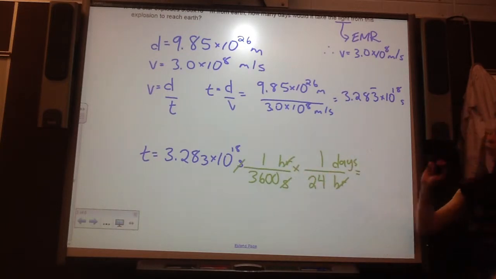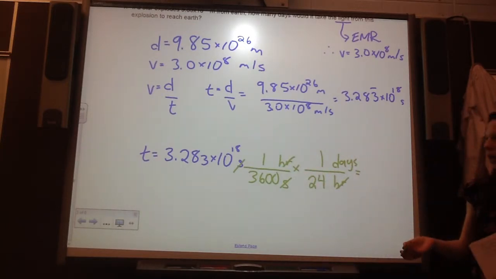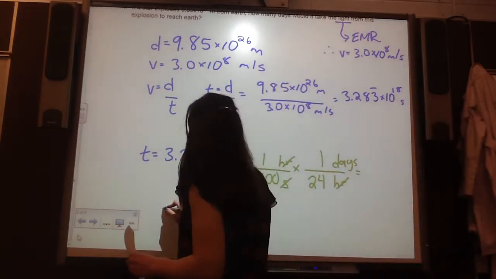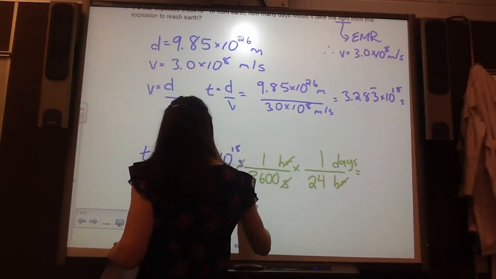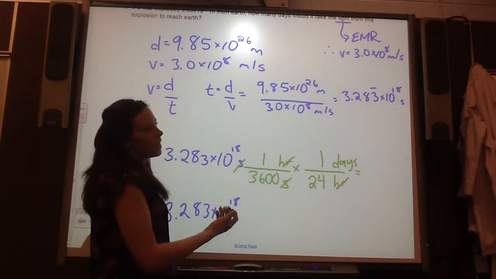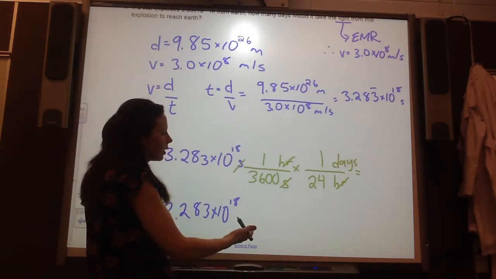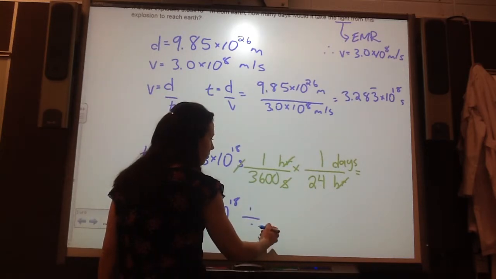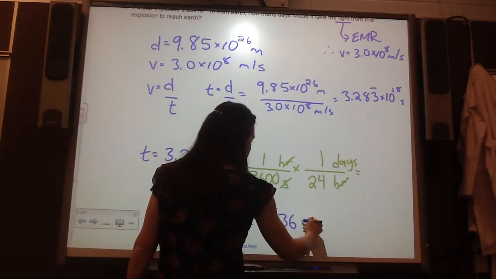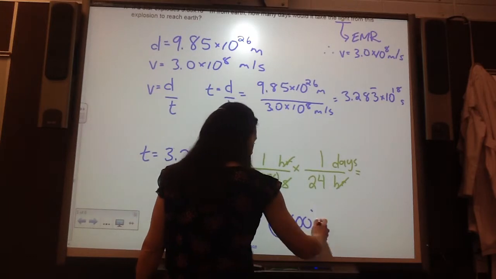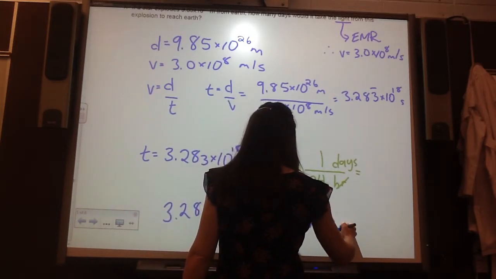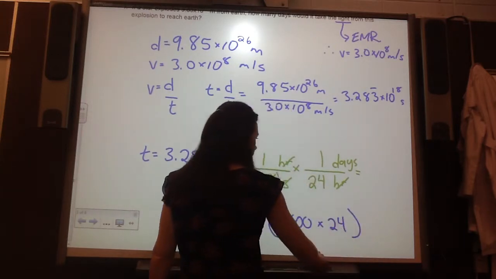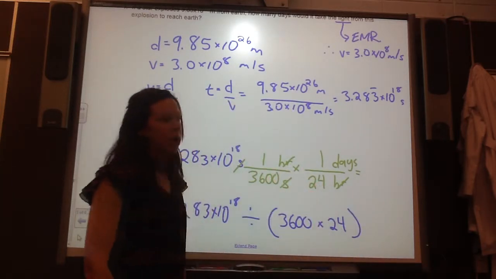So then you can go through and type that into your calculator, where really what you will type in is 3.283 times 10 to the 18. Now you could multiply by 1 over 3,600, or you could just divide by it, because they're all on the bottom of the fraction.